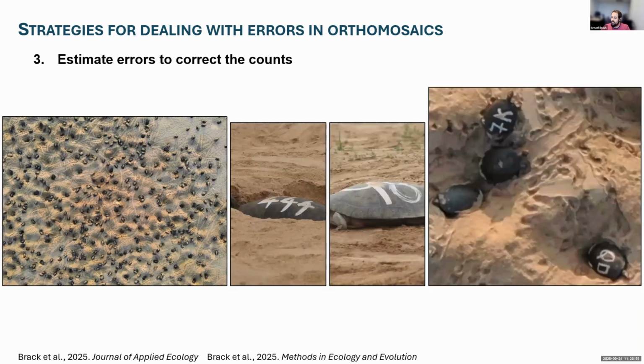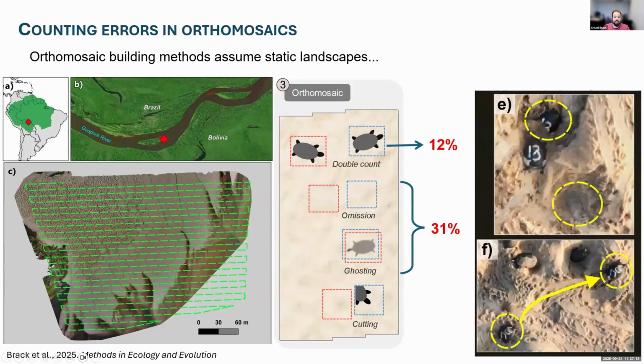We estimated these errors by painting the carapace of some turtles during 12 days of surveying, in a way that we could identify these individuals in the final mosaic. Using these individuals, we were able to estimate some of these errors associated with the orthomosaic.